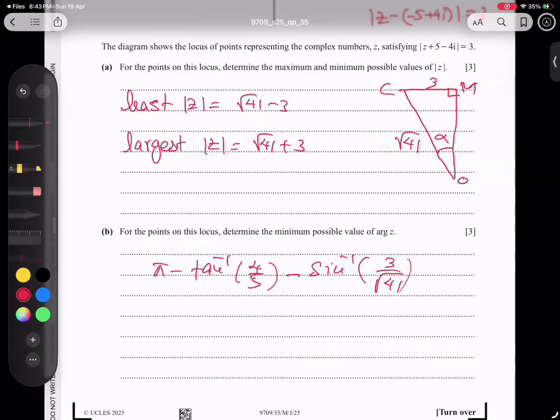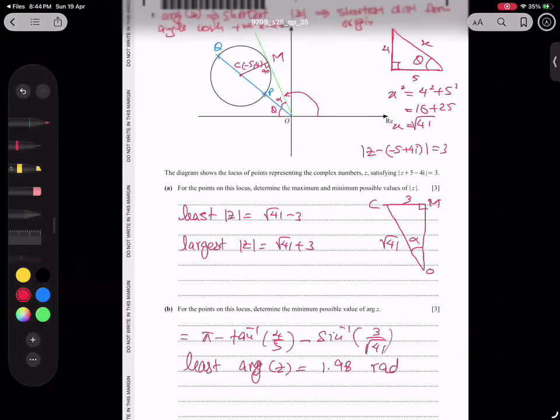And now it's a matter of only typing in the calculator. And if I type in the calculator in radian mode, what is the least argument of z? It turns out to be 1.98 radians. So Alhamdulillah Rabbil Alameen. The point is very clear. And the question is completely over.